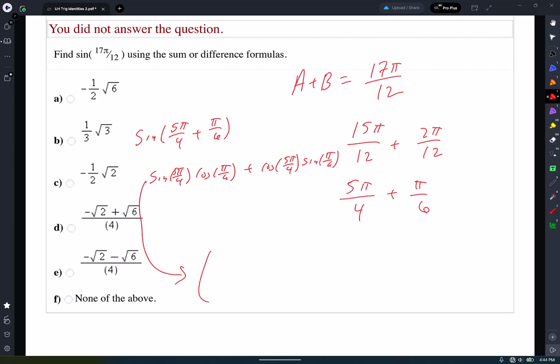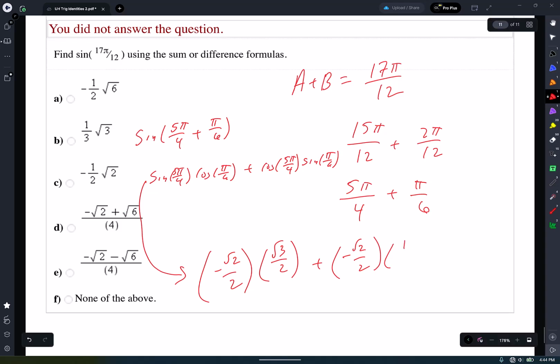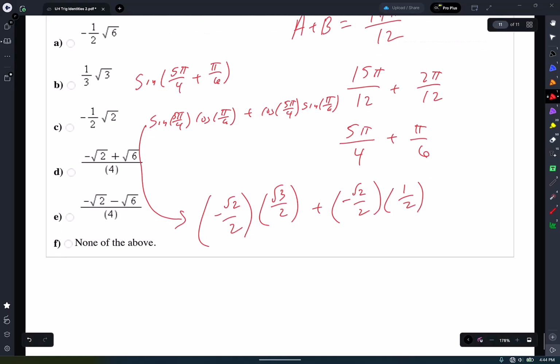Sine 5 pi over 4, that's quadrant 3, so negative square root of 2 over 2. Cosine pi over 6, square root of 3 over 2. Plus cosine 5 pi over 4, negative square root of 2 over 2. Sine pi over 6, that is 1/2. So these don't go away, guys. Make sure we know them. Negative square root of 6 over 4 minus square root of 2 over 4.